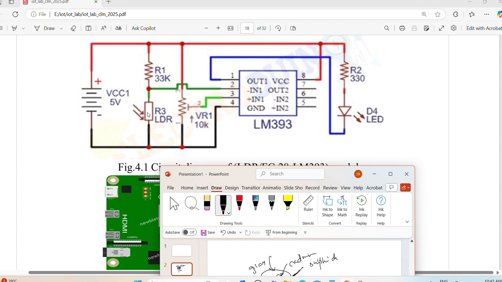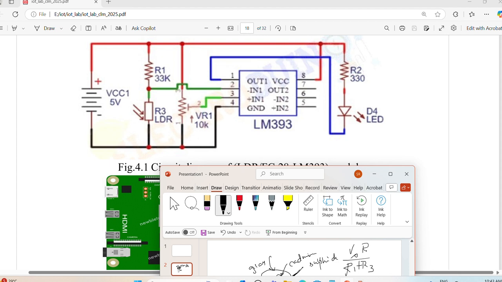First, let's say that the room is bright, in which case you get a very low resistance. You can consider resistance in terms of ohms, and corresponding to that, applying the voltage division formula, you have the formula for finding the voltage at pin number 2 as Vout = Vin times R3 divided by (R1 plus R3), where the numerator has the resistance across this terminal, which is R3.